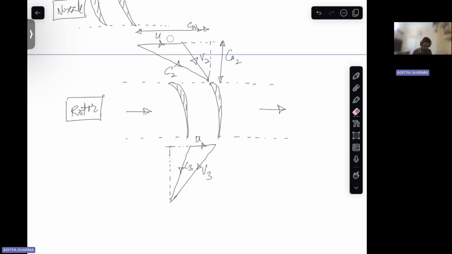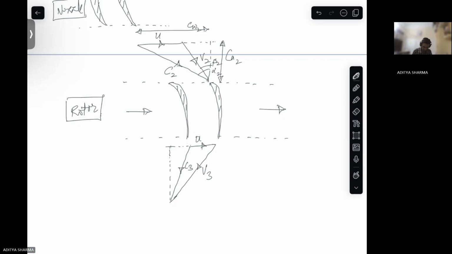Because U2 and U3 are same, right? You can call it U only. And then there are fluid angles and blade angle. With C, you have fluid angle. With your relative velocity, you have blade angle.